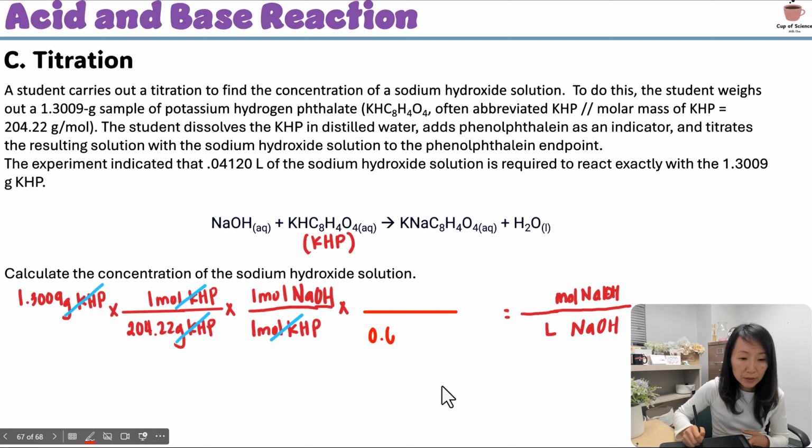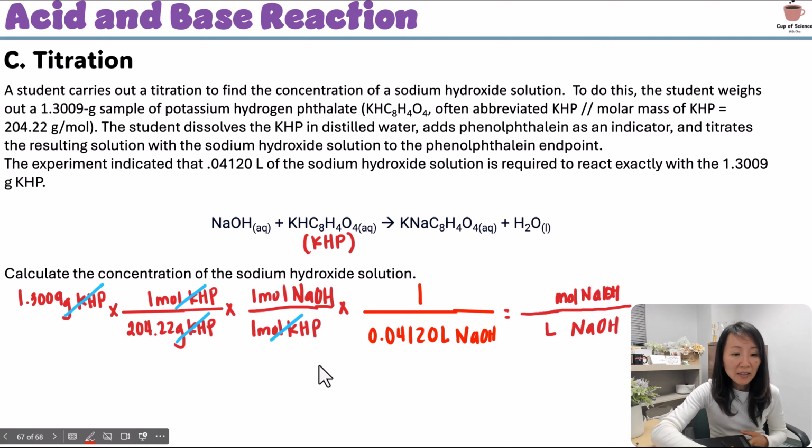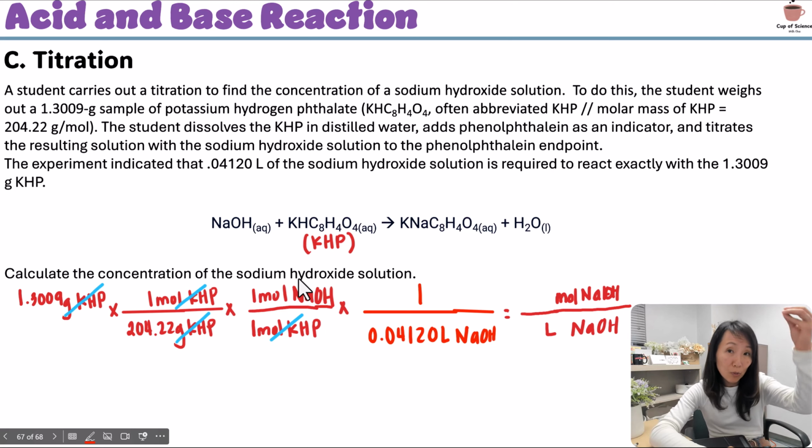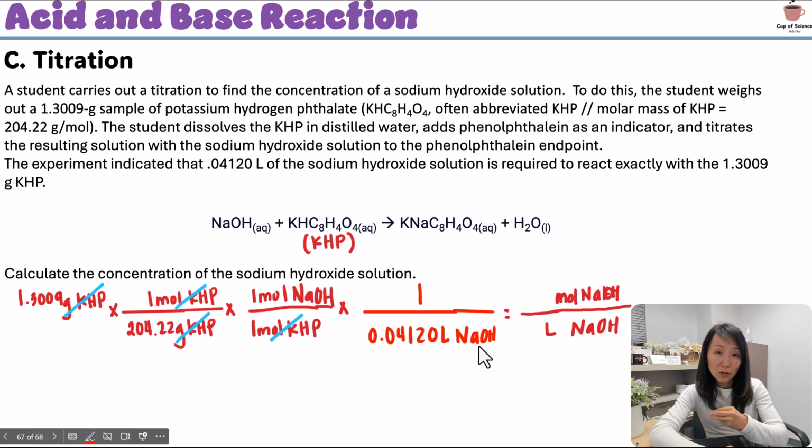So we have everything there. And what do we put on top? Well, we just put 1. That's okay. And so we can cancel out all the unnecessary units, and we're left with the units that we really need, which is moles on top and liters on the bottom.